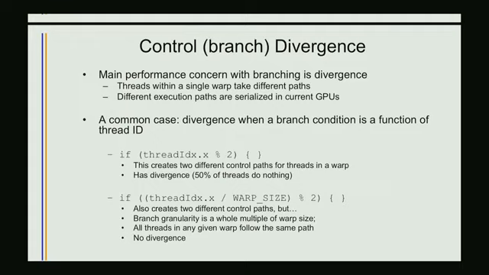So 50% of the threads will execute something and 50% will not. By the way, this is dangerous, because if I put it in my code, what have I done to my GPU performance?